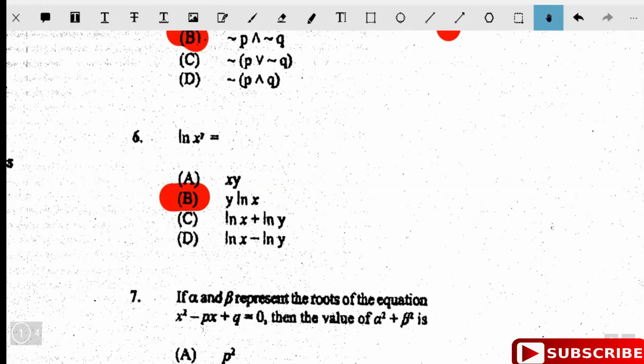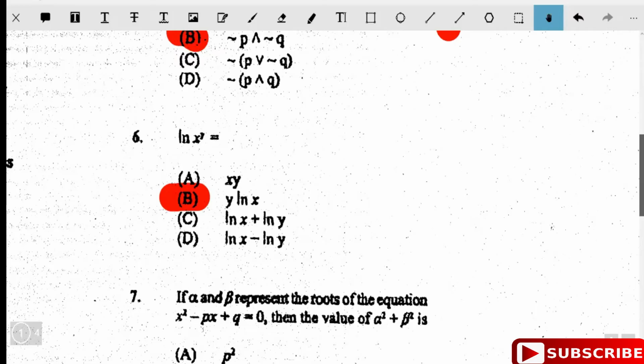Question 6. It says ln x raised to the y. Ln x raised to the y is just y ln x, because with logarithms we can bring down the power. That was a repeated question? Yeah, this was a repeat question. This came 2013.